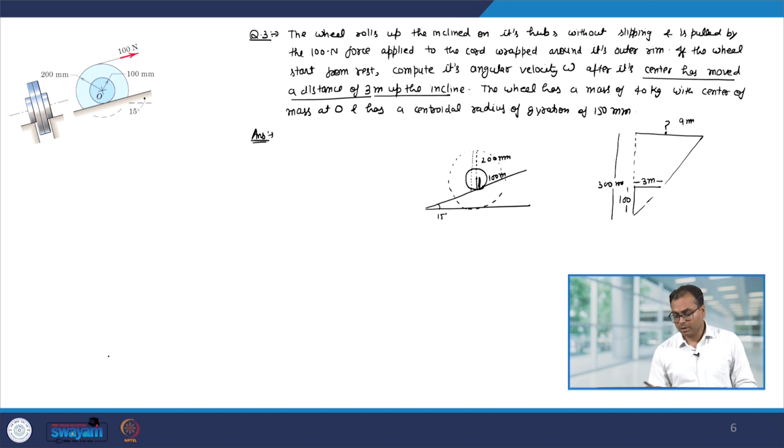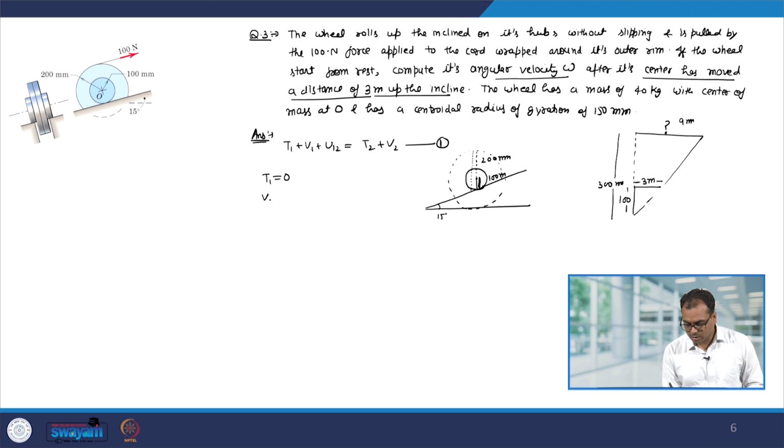Now, to find out the angular velocity, let us use the work energy theorem. So, we have T1 plus V1 plus U12 equal to T2 plus V2. Let us call it equation number 1. Now, initially the whole thing was at rest. So, therefore, T1 was 0, and let us put our reference point at the bottom. So, therefore, initial potential energy was also 0.